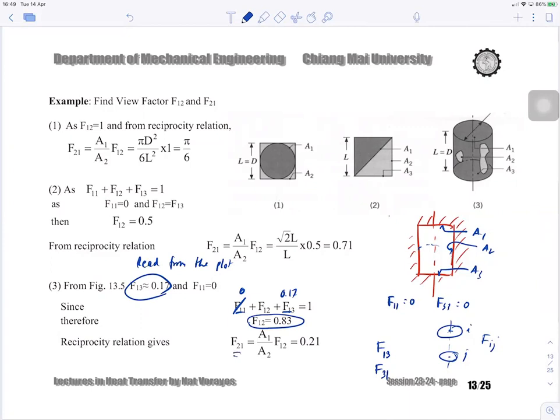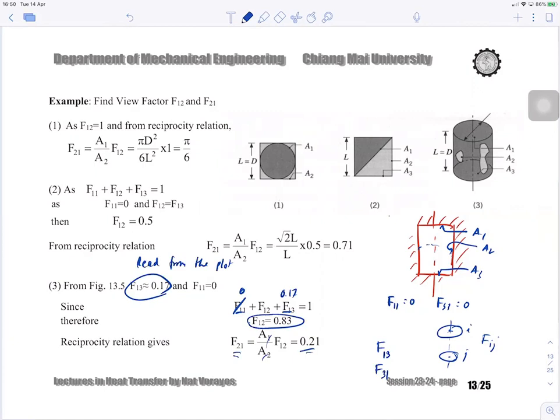And then you want to use the reciprocity to find F21. Substitute A1 and A2, you're going to get F21 equal to 0.21.